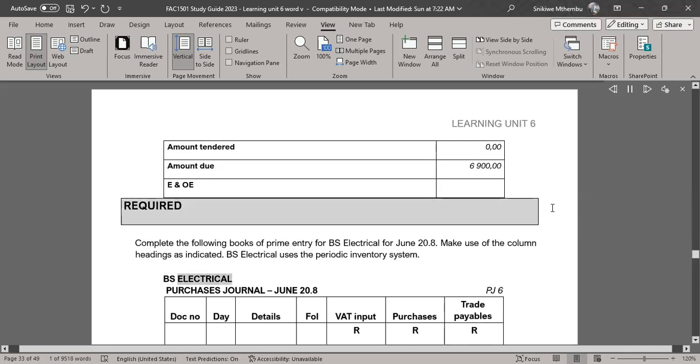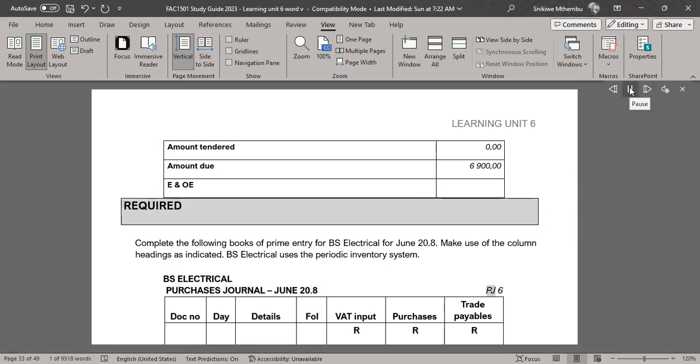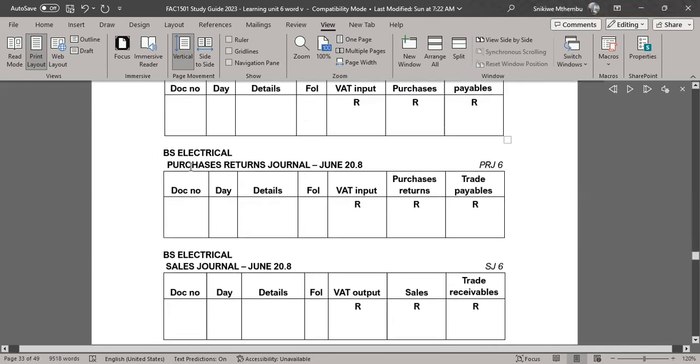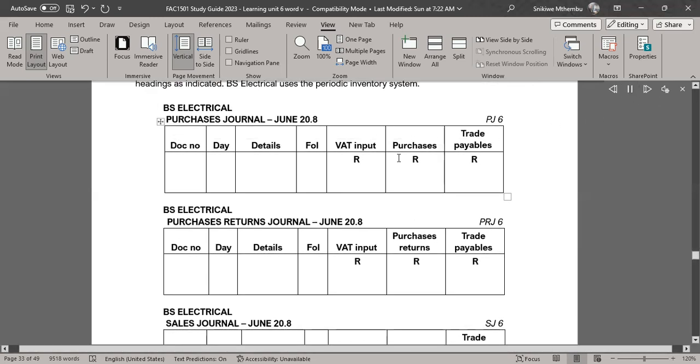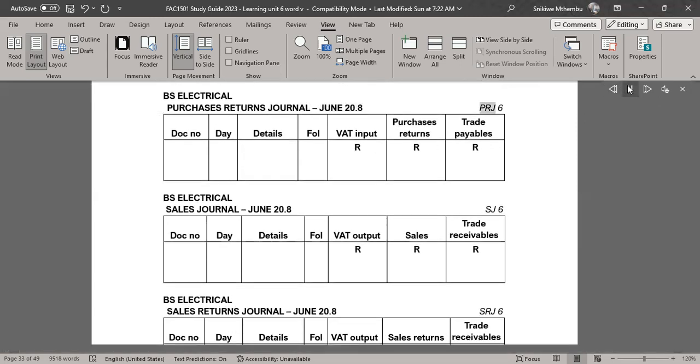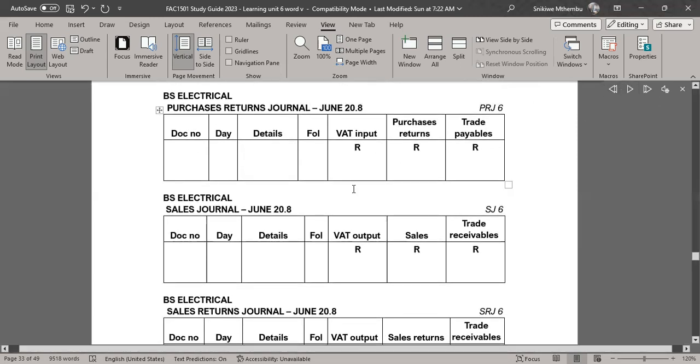BS Electrical. Purchases Journal, June 20.8 PJ6. Purchases Returns Journal, June 20.8 PRJ6.